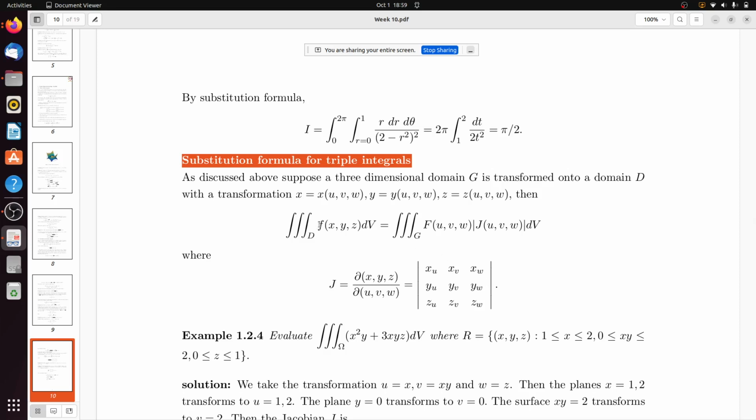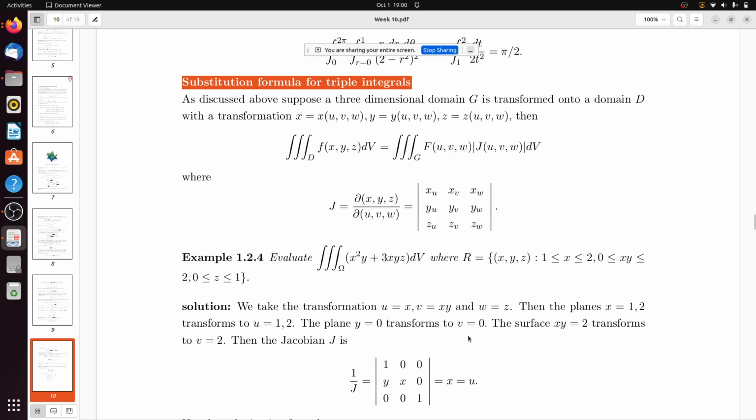Suppose you have a 3-dimensional domain G, and that is transformed onto a domain D with the transformation x equal to x(u,v,w), y equal to y(u,v,w), z equal to z(u,v,w). Then the triple integral of f(x,y,z) dV will be converted into an integral over G, multiplied by the Jacobian J. That Jacobian is the determinant of the derivatives of x, y and z with respect to u, v, w, and then you take the modulus.